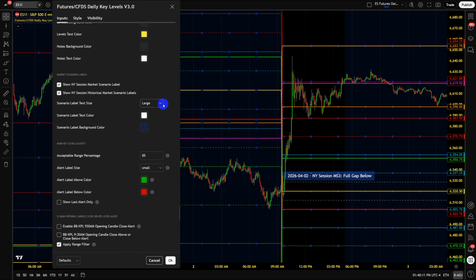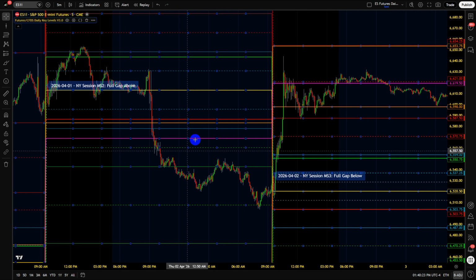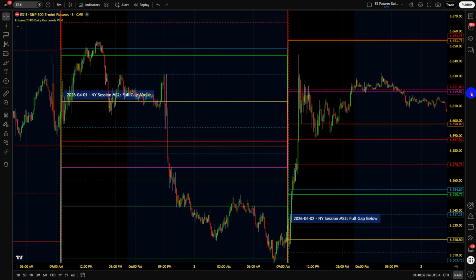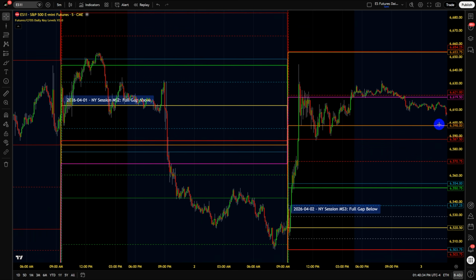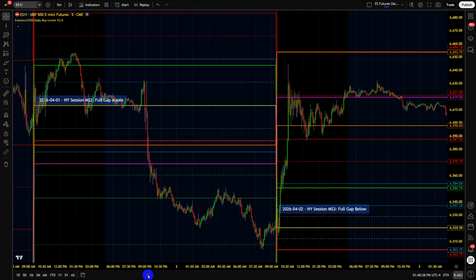As an example, you could make it larger than that if you want to go huge, or you can make it smaller than normal with small or tiny. Now we don't have an offset for these to move them like we do the line labels, so that's more going to be a function of how you have this spaced out here.